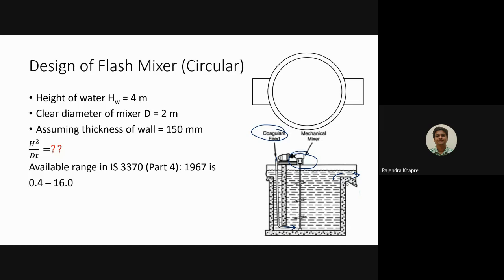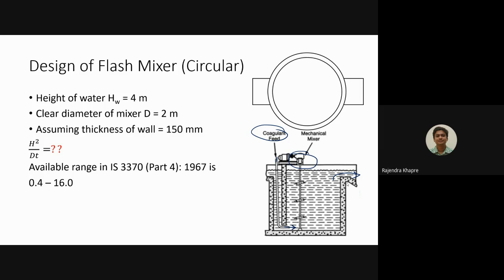So this is a simple process. There is no mechanical device installed to mix the coagulant with the water. Anyway, all we have to do is design a simple tank. That's it. We will just quickly go through the design process.